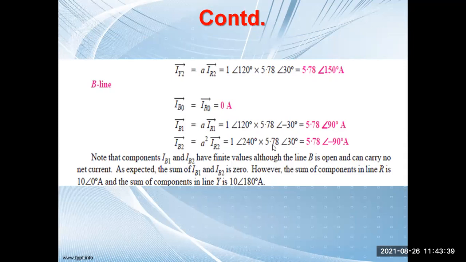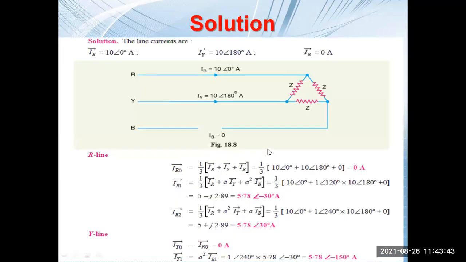Now I will ask you to do one calculation here. Just cross-check whether you are getting these values or not, because when you calculate with the calculator, you may face some difficulty. So please calculate the values of IR0, IR1, IR2.